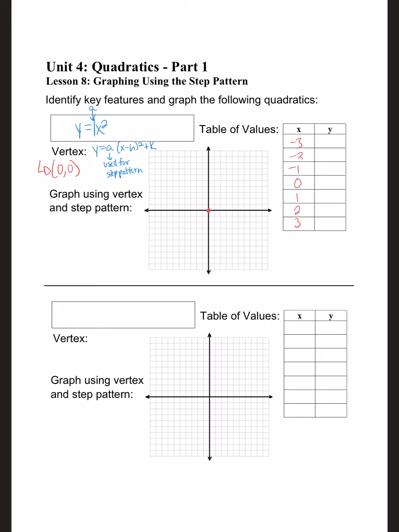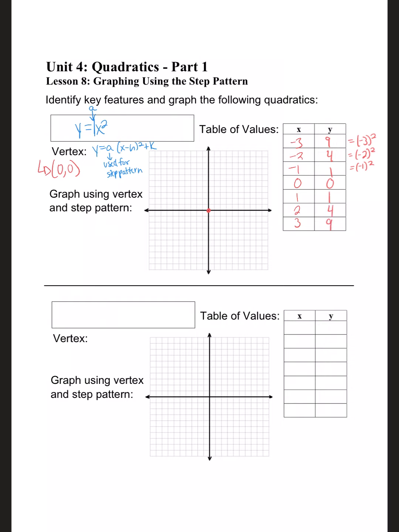Okay, and then we're going to sub in our x values into our equation to figure out what y is going to be. So if I subbed in a -3 to x, okay, (-3) squared equals 9. If I subbed in a -2, that would equal 4. Okay, and you could continue on with this. 1, 0. If you plugged in a 1, you're going to get 1 again, 4, and 9.